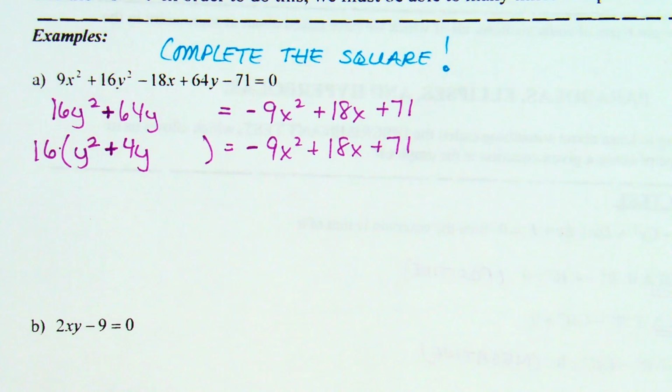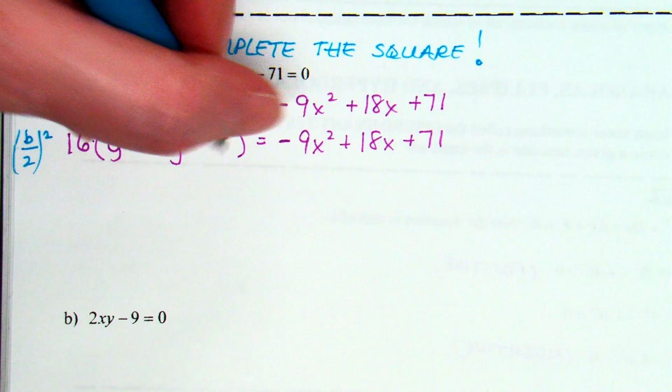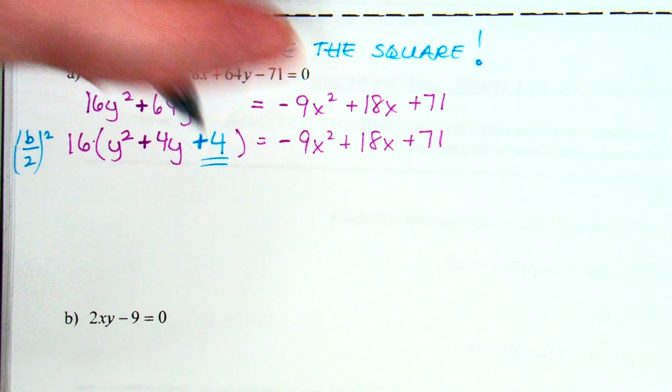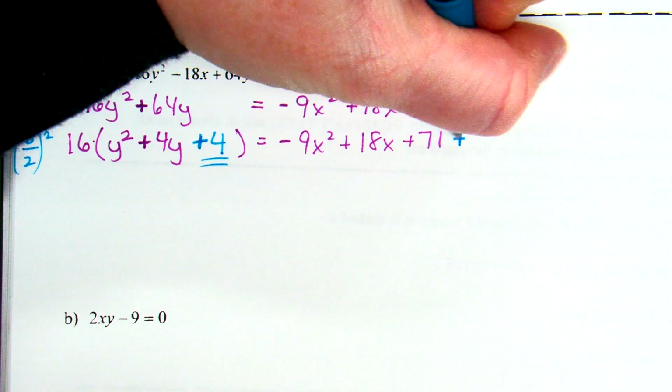Do you feel like you're getting any better at completing the square? I'm hoping so. We've done it a lot lately, haven't we? So b is 4. Half of 4 is 2. And 2 squared is 4. So I'm going to add 4 in this empty slot right here. If I add 4 on the left, I'm going to add what?